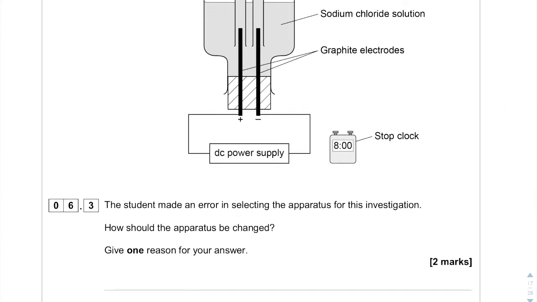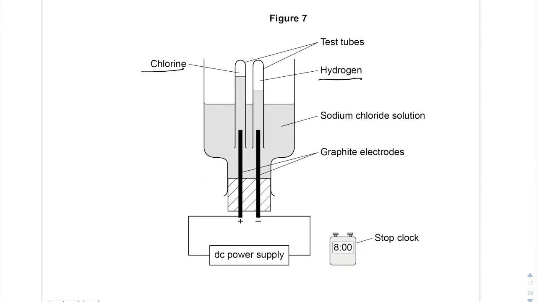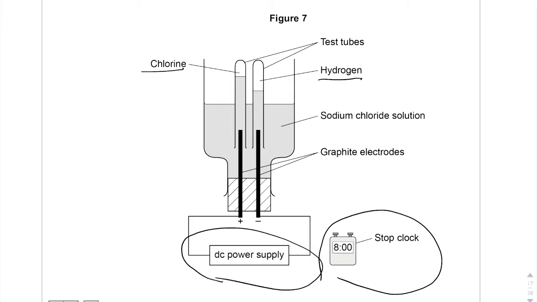Question 6.3: the student made an error in selecting apparatus. How should the apparatus be changed? Apparatus, so you're looking at the glassware and everything else. You've got a stop clock, looks alright. You've got a DC power supply, that's what you want. You don't want AC for your electrolysis.